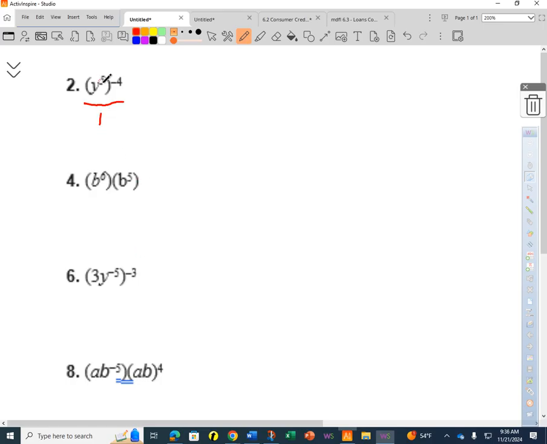So now, power to power. What is the shortcut for power to power? Is it add, subtract, multiply? Say again? Multiply, that's right. So y to the 5th power raised to the negative 4th power, we're going to multiply those exponents. So we're going to have y to the negative 20th power over 1.